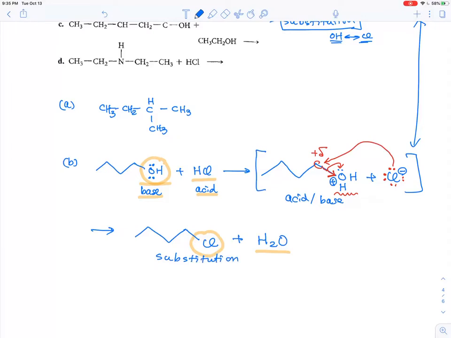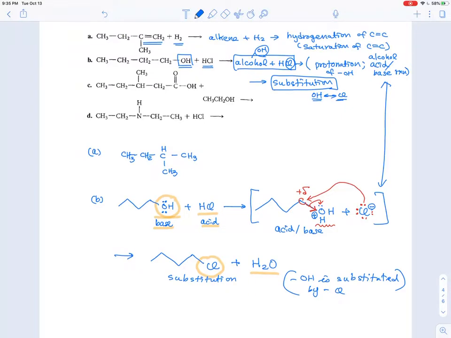It's a substitute, right? Essentially, OH is substituted by chlorine. So that's why we call it a substitution reaction.